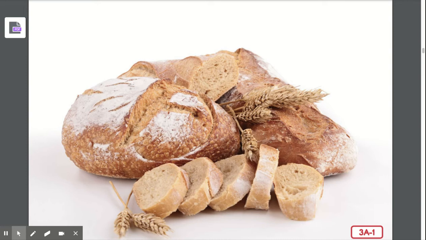Flour is the main ingredient in bread. Do you remember where flour comes from? Flour comes from wheat, corn, and other grains.